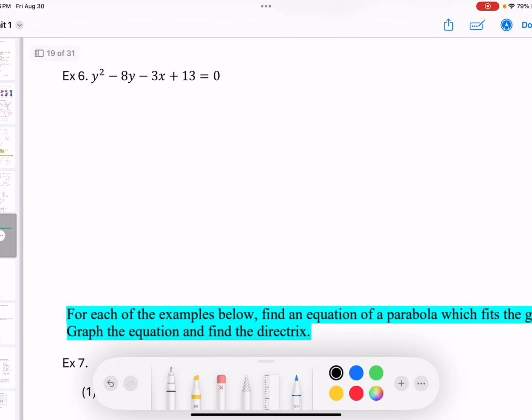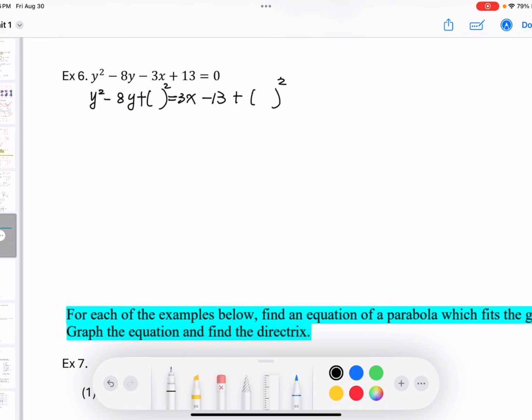The same thing. We need to construct our perfect square and then find the vertex and focus and directrix. So separate the y and x: y² - 8y is equal to 3x - 13. I leave a space here, but I feel the space is not big enough. So I need to add my third term here and add that squared to both sides.